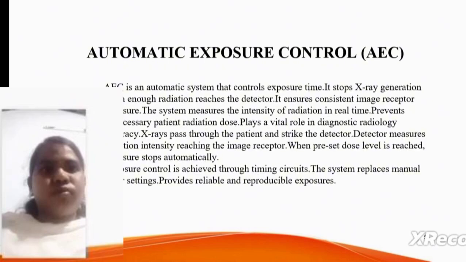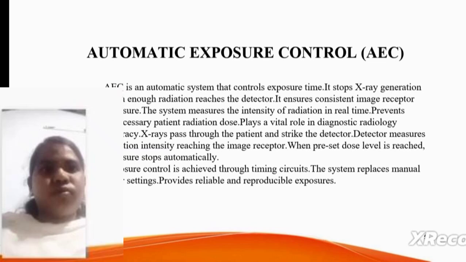Automatic exposure control is an automatic system that controls exposure time. It stops X-ray generation when enough radiation reaches the detector. It ensures consistent image receptor exposure. The system measures the intensity of radiation in real time. The detector measures radiation intensity reaching the image receptor.